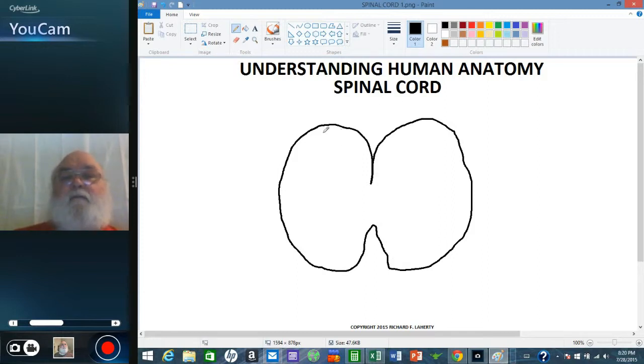Then one of the first things you'll notice is that there's an area on the inside of the cord which looks a lot like a butterfly.